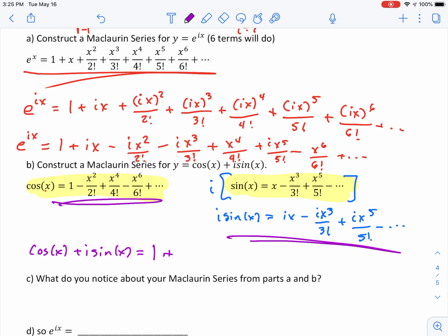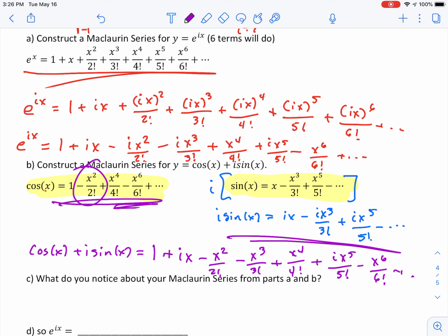So 1 comes from the cosine, plus ix from the i sine, and then minus the x squared over 2 factorial from the cosine, and then minus ix cubed over 3 factorial from the i sine, plus x to the 4th over 4 factorial from cosine, and then again from the i sine, we have the ix to the 5th over 5 factorial, and then minus x to the 6th over 6 factorial, which came from, again, the cosine.